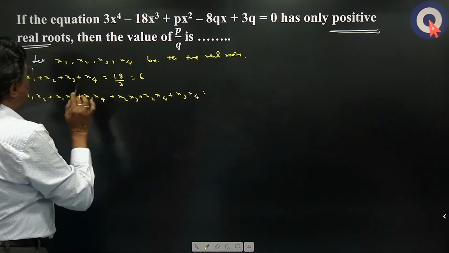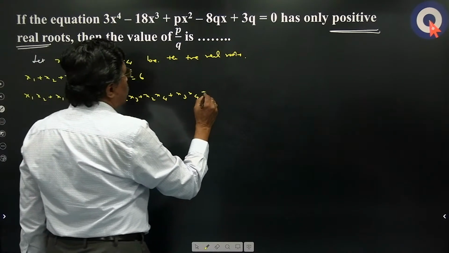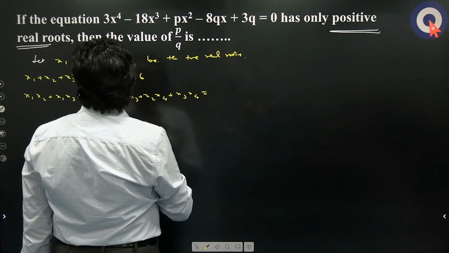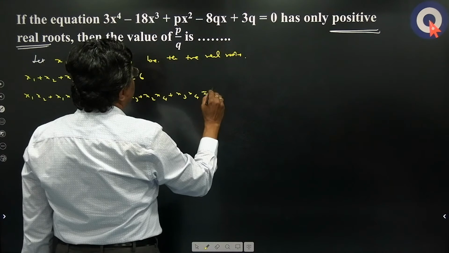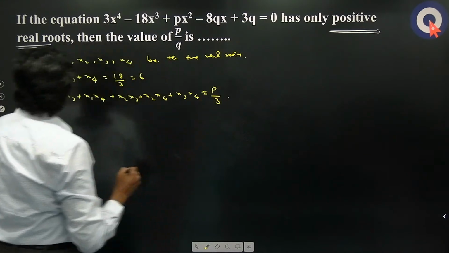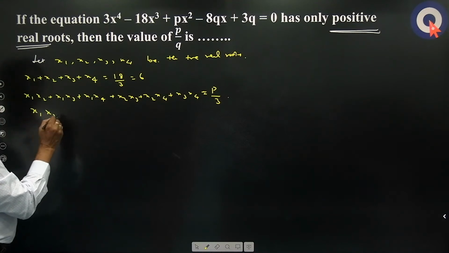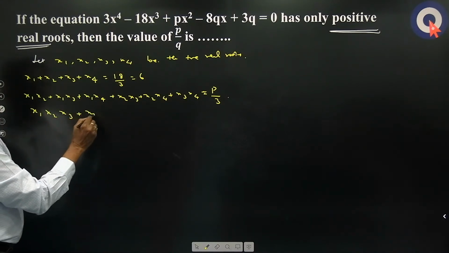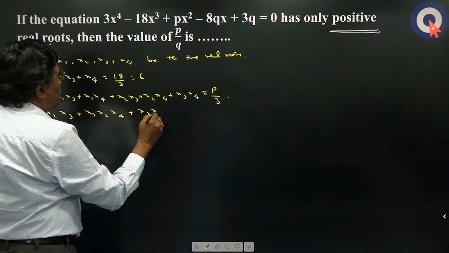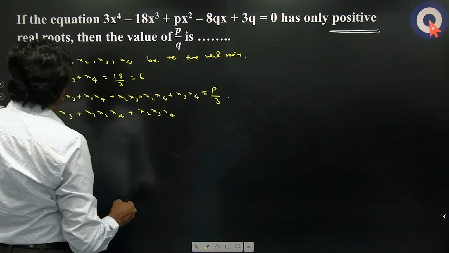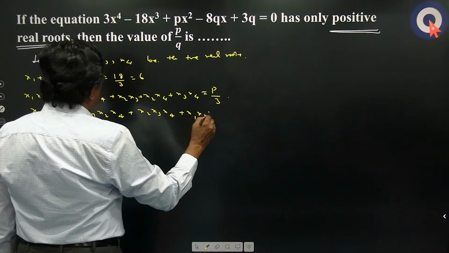Just check, I need to get how many? 4C2 terms. Yeah, 6 terms, right? This has to be minus b by a and then c by a, p by 3. And then the sum of the products taken 3 at a time, that will be x1 x2 x3 plus x1 x2 x4 plus x2 x3 x4 and x1 x3 x4.